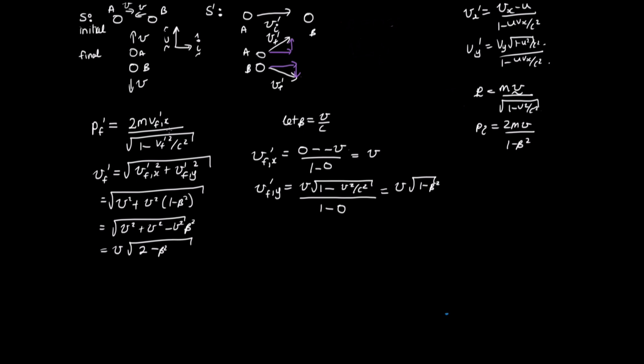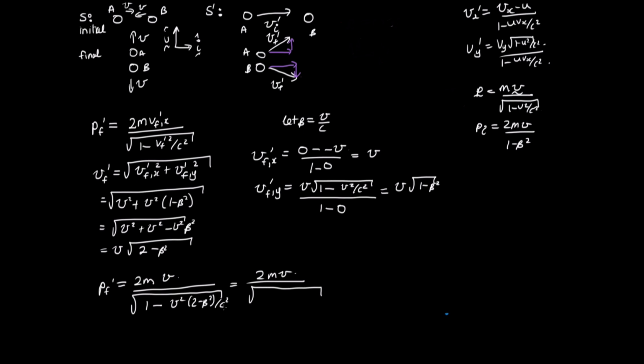So let's now substitute in. So we've got p final prime is equal to 2m. Now v final x prime we've got over here. This is equal to v. And then we've got over the square root of 1 minus v final prime squared, which is this thing. So this is equal to v squared times 2 minus beta squared over c squared. So this is equal to 2mv over the square root.